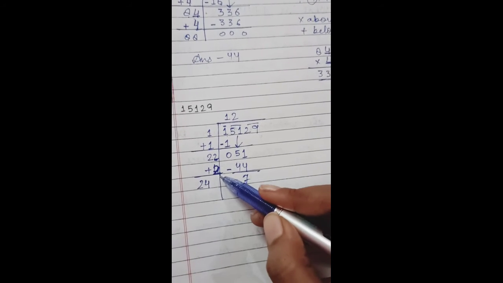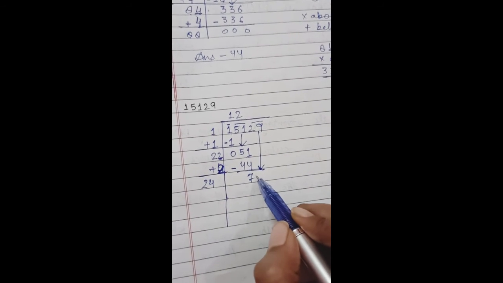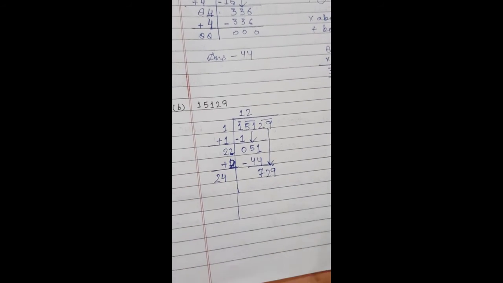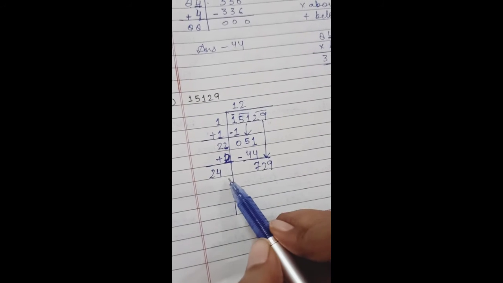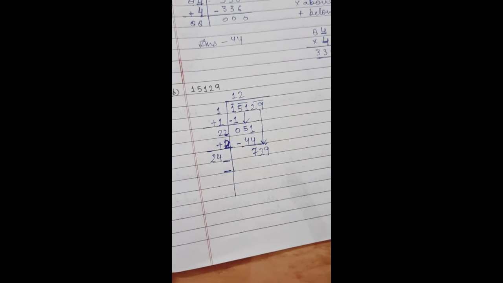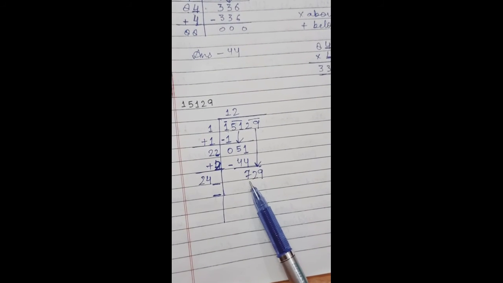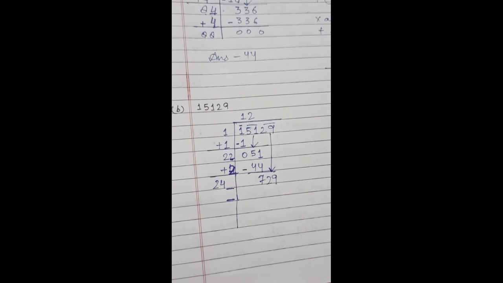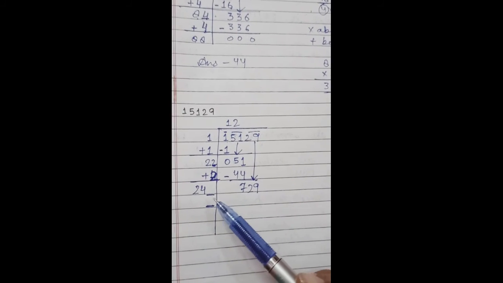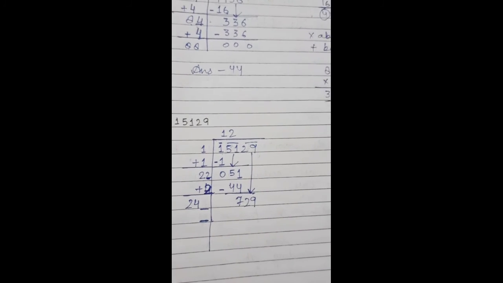Now we bring down this next pair, 29. Now again we have to multiply the two numbers so that the product will be 729, and the numbers in both the blanks should be the same.